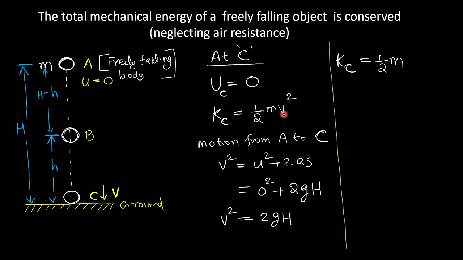What is V square at C? V square is 2gH, correct? The 2 cancels. Kinetic energy at C equal to mgh.